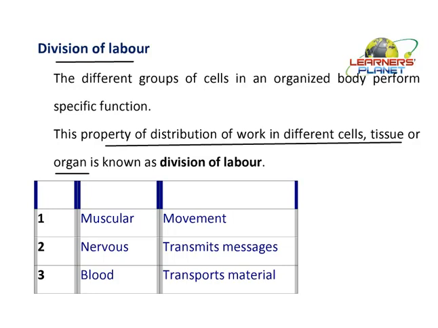So each organ has a specific role of its own. Let us say the stomach. Stomach is meant for what? Temporary storage of food and its digestion. In the stomach, protein is digested into smaller units. So the stomach has a specific function. Now if we take another organ, like the esophagus, what is its function in the digestive system?